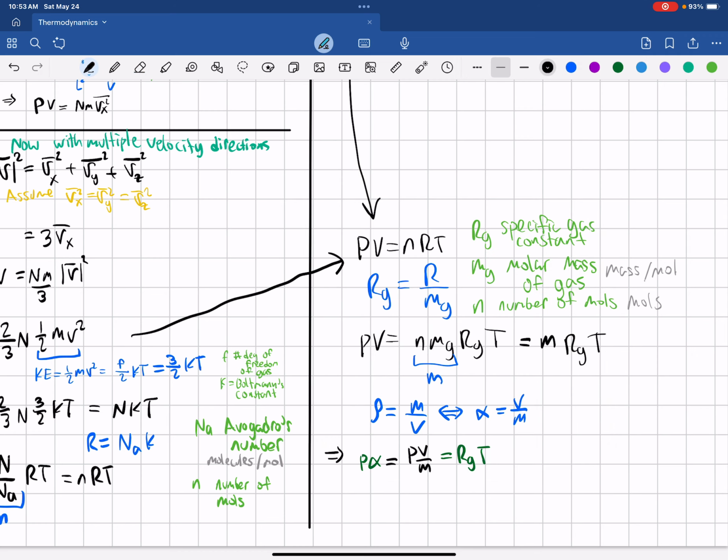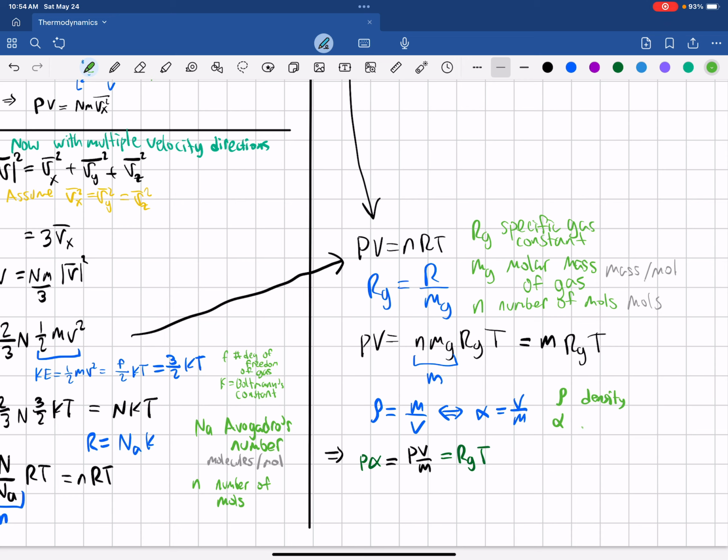Okay, and just to give an example, we can say P alpha equals RdT for dry air. Or we can say P alpha equals RvT for water vapor, etc. And then also, just to write down here, rho is density, and alpha is, I guess you can call it inverse density.